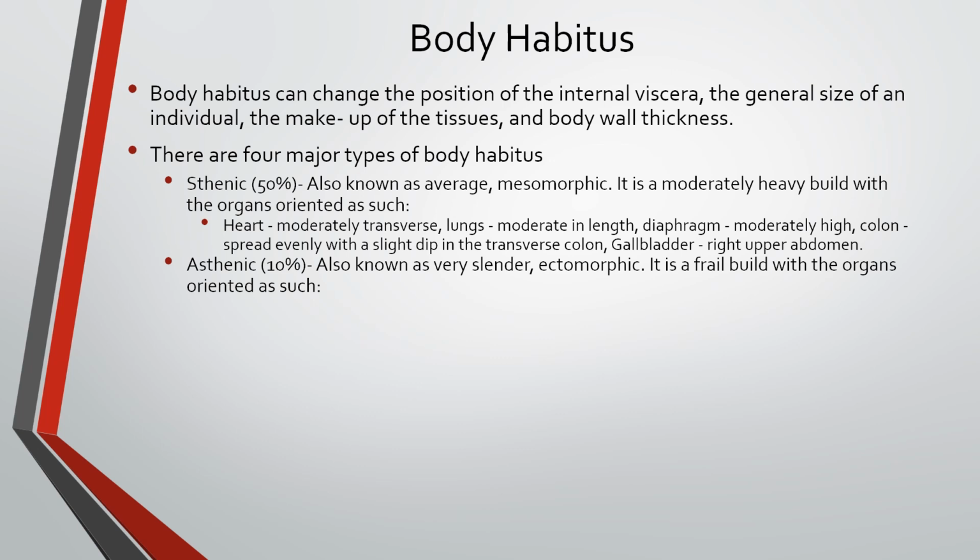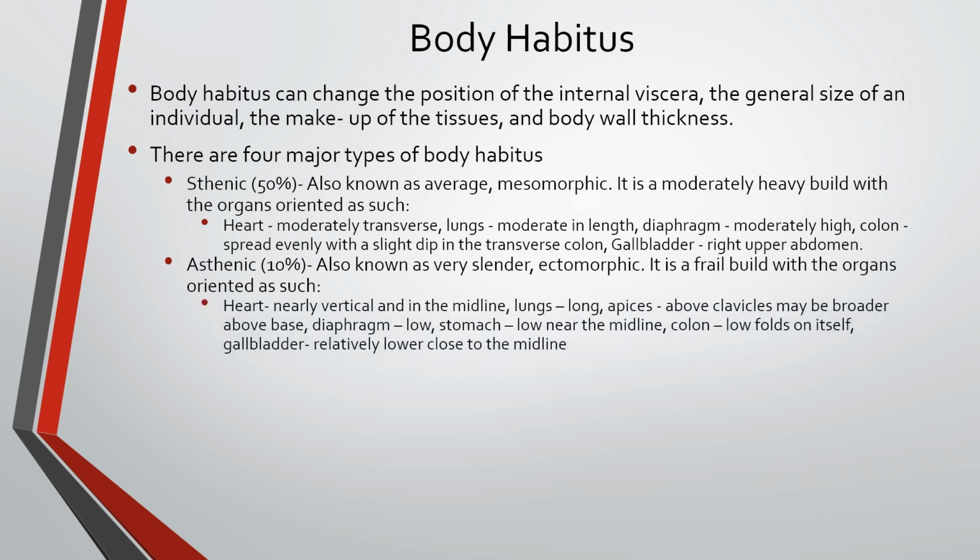It is a frail build with the organs oriented as such, with some noted things, like the stomach is low and near the midline. These things could be important for doing GI series and things like that, to know generally what a position is. So you see the person, you can classify them, and then you can know where to go, okay?